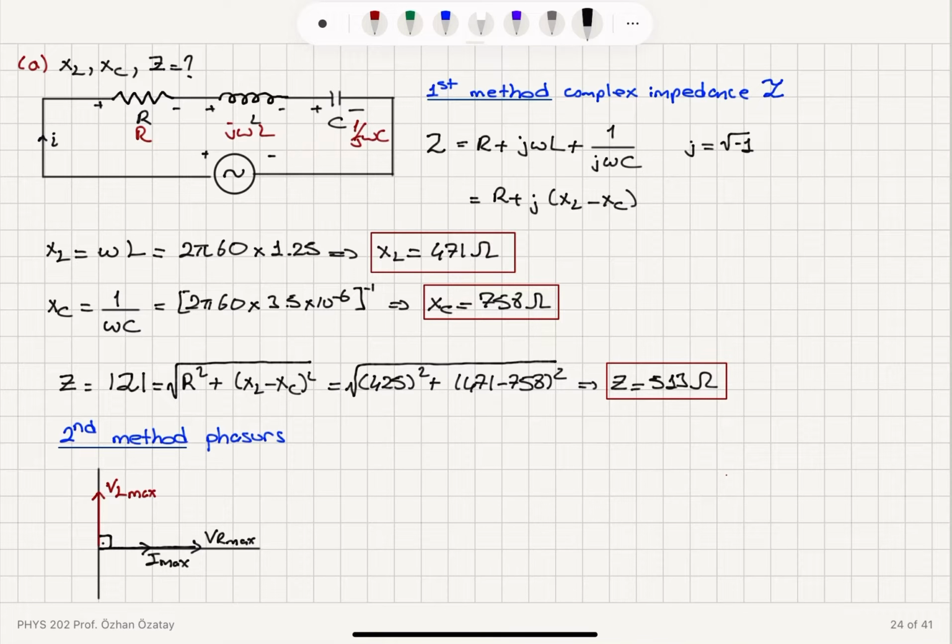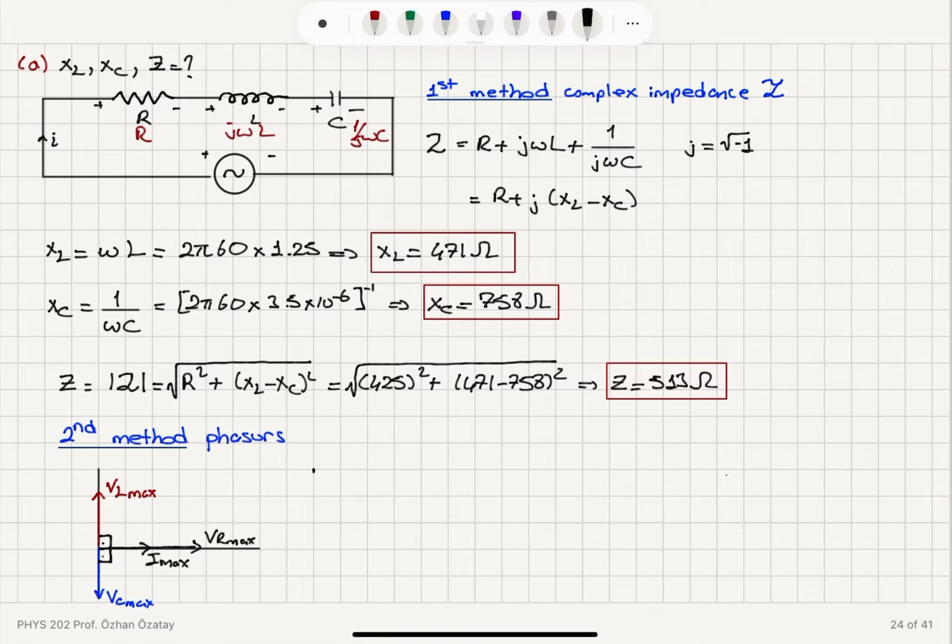And for the capacitor, I have to put the voltage in the opposing direction. So this is going to have a magnitude VC max. And once again, it lags the current by pi over 2; our current leads the voltage across the capacitor by pi over 2.